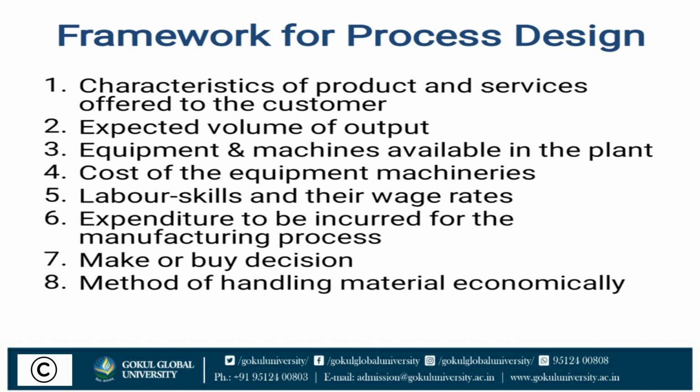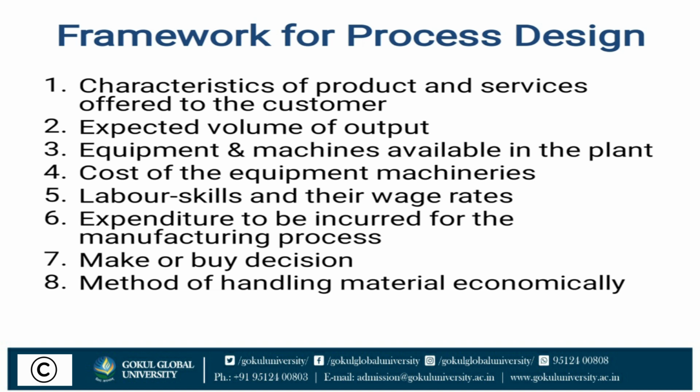The third one is equipment and machines available in the plant. After these two steps, we have to assure that the equipment, machineries or devices which we are going to use during the production process are enough, sufficient, and in working condition or not.